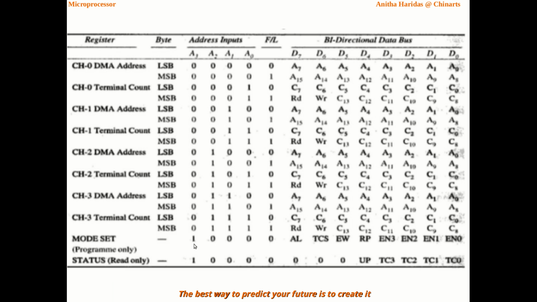Okay. So now the address inputs will be these, and you can see here both mode set as well as status register are having the address 1000, and these are the data bus lines. So D0 to D7 will be the data bus lines, right? So let us discuss what happens in the case of the data bus lines with these signals.